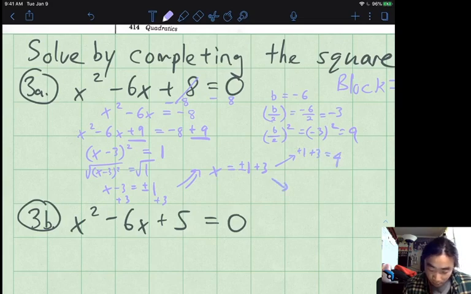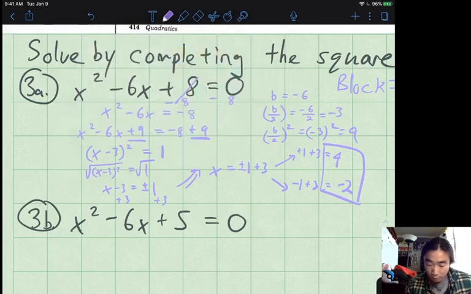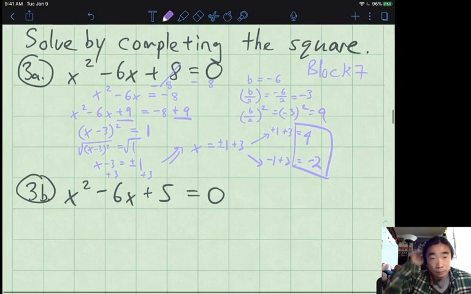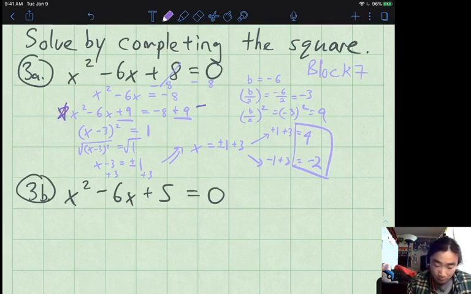And your second answer, negative 1 plus 3, which gets you negative 2. Right? Darker purple. So far, so good? Any questions?